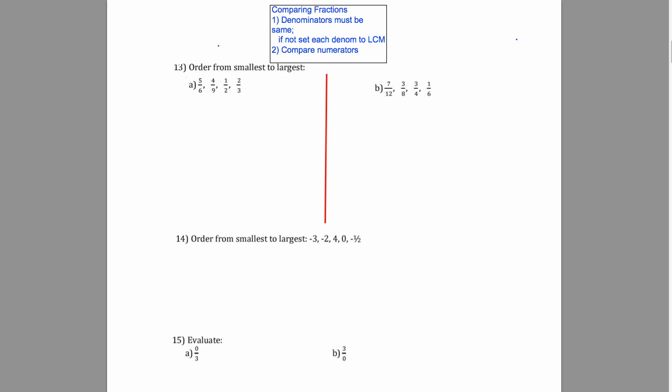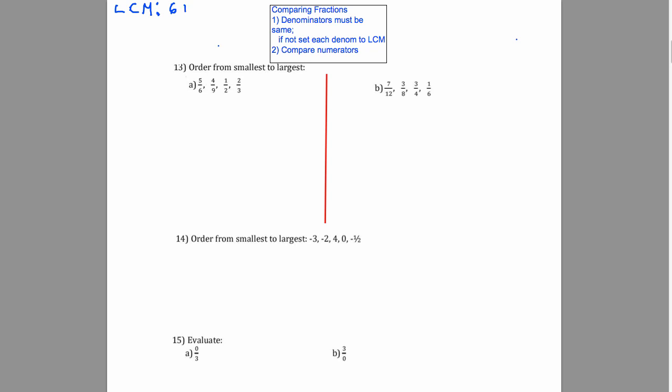So the way you find a least common multiple is you look at each denominator in turn and you take multiples of that number, and you want to find what multiple of each denominator you could make such that you would find a common multiple.